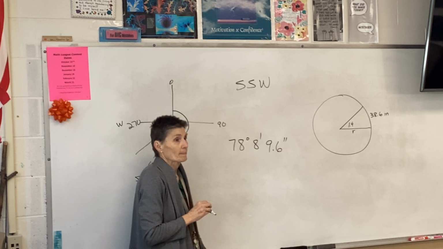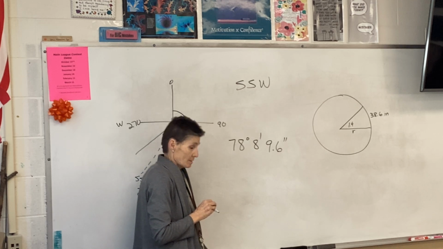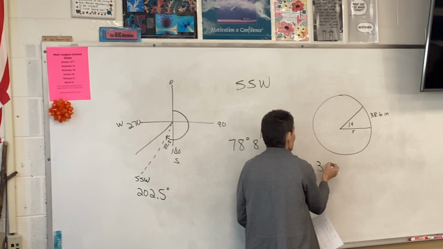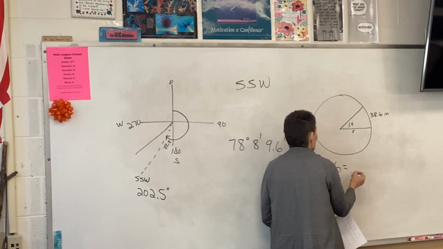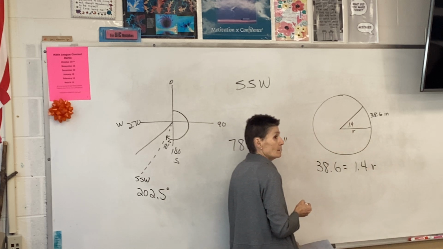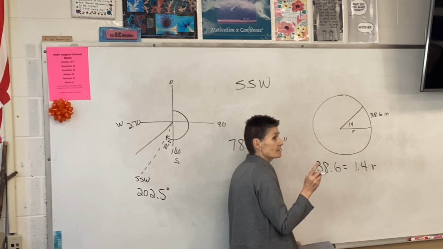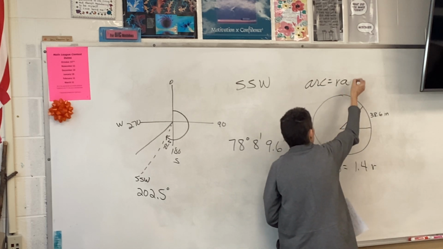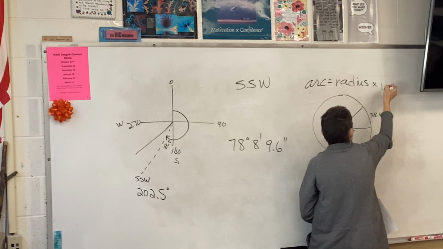So 38.6 equals. So Elijah says correctly, 38.6 equals 1.4 times R. Because, guys, arc length equals radius times radians.